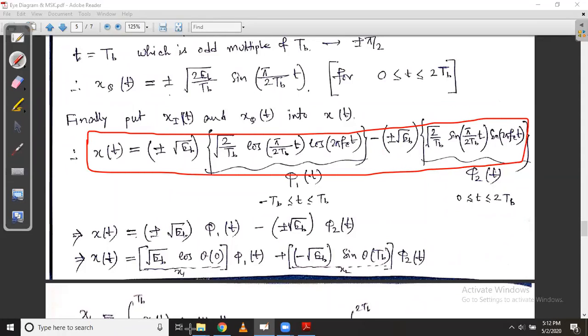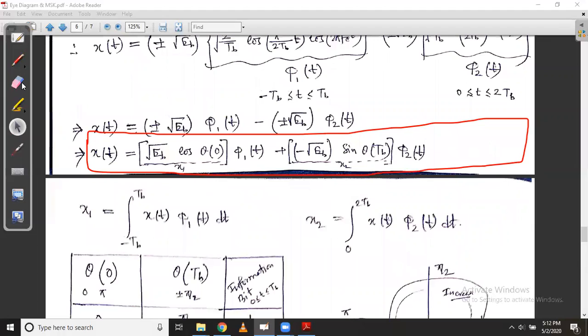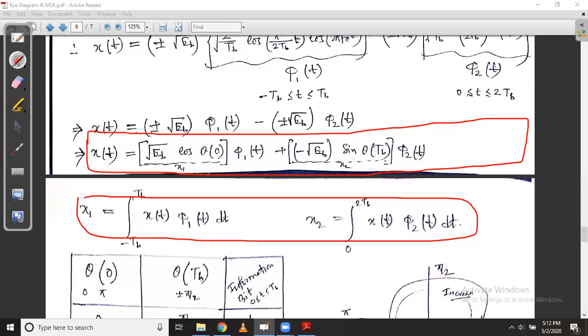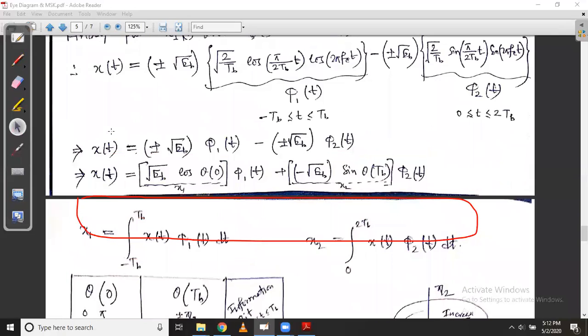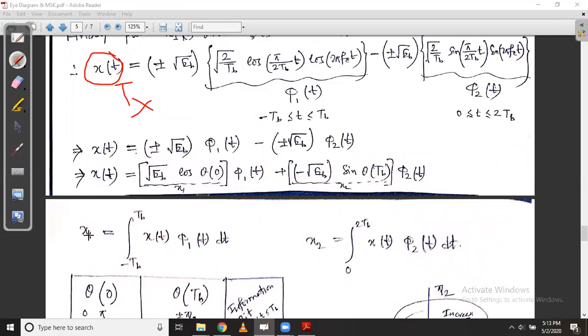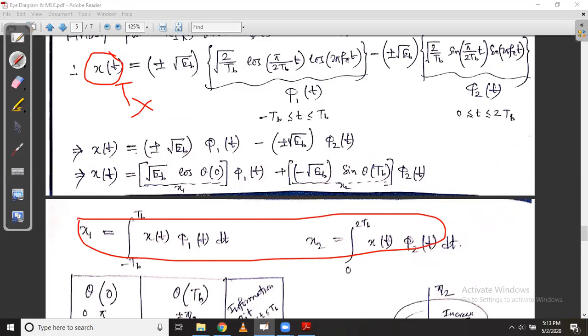This expression will give you the block diagram of the transmitter, and this concept will give you the block diagram for demodulation. That means we have two main expressions: one is this one for the transmitter block diagram, and one is this one for the receiver section.